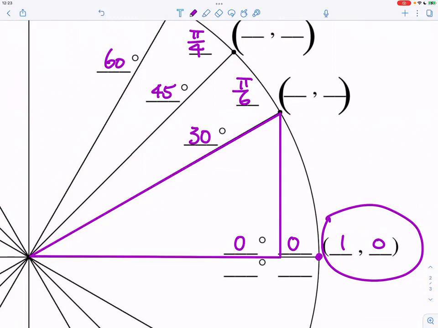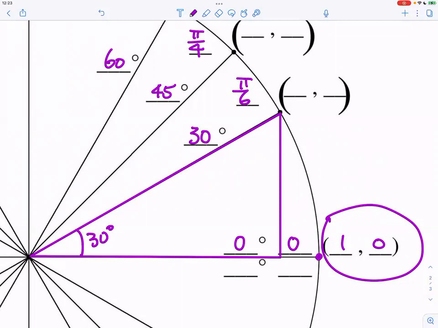Now, I want you to know when we say 30-degree angle, this is the 30-degree angle. And the reason why we said x equals cosine theta is because if you want to fill out the coordinate of this point right here, the x value of this coordinate is going to be cosine of 30, because it is this length right here.